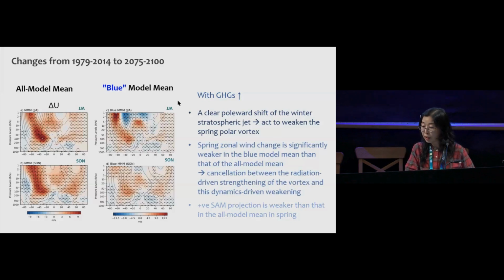Interestingly, the spring zonal wind change is significantly weaker in this blue model mean than that of the all model mean, which is likely due to some cancellation between the radiation-driven strengthening of the vortex and this dynamics-driven weakening of the vortex. Because the spring polar vortex change is only moderate in the blue model mean, its positive SAM projection is also weaker than that in the all model mean in the spring season.